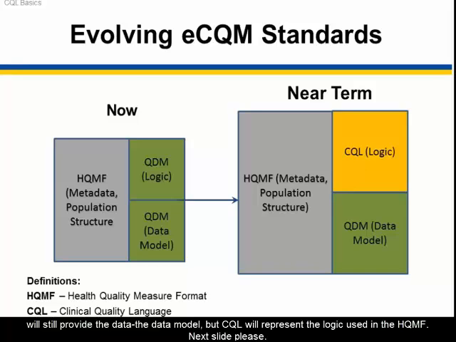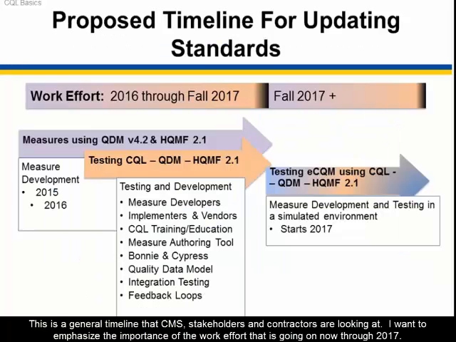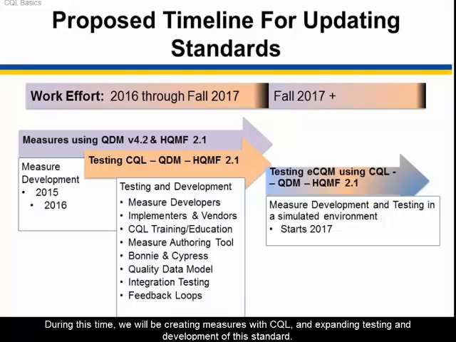Next slide, please. This is a general timeline that CMS, stakeholders, and contractors are looking at. I want to emphasize the importance of the work effort that is going on now through 2017. During this time, we will be creating measures with CQL and expanding testing and development of this standard.